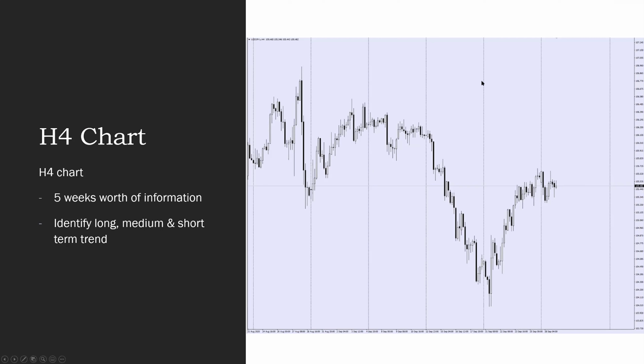It still gives you the same kind of view. Short term, moving across. Medium term, slightly up. Long term, down. It still gives you the same idea as a 10-week period, but now it might be a little easier on the eye.